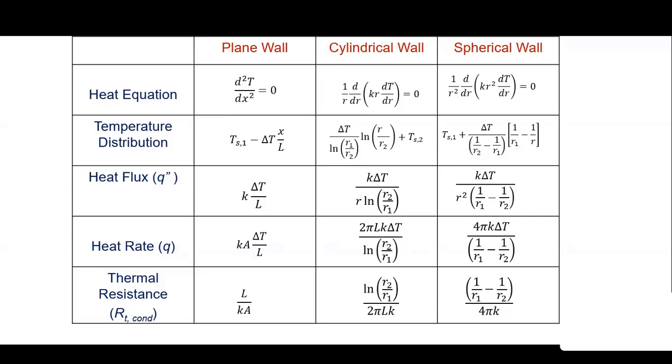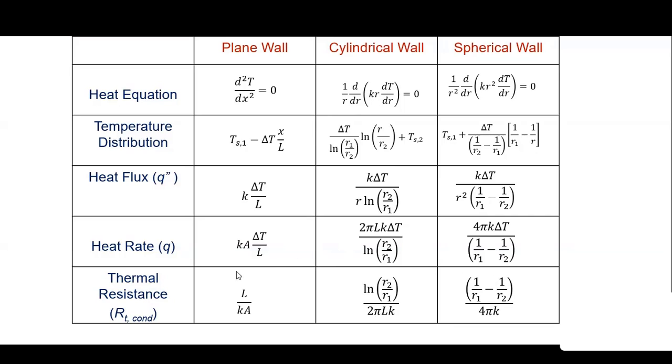Now let us have a summary of all the equations which you have got in the previous lecture and this lecture. We started in the previous lecture with this equation. Then we developed the temperature distribution equation, then the heat flux equation, heat rate equation, and finally the thermal resistance equation. A similar journey was there for the cylindrical wall. So this slide gives us the entire picture of the last two lectures.